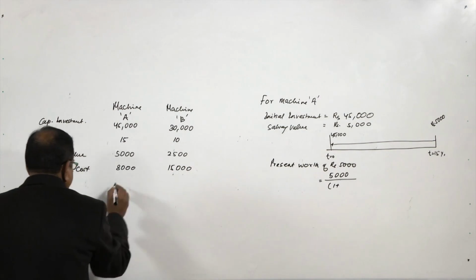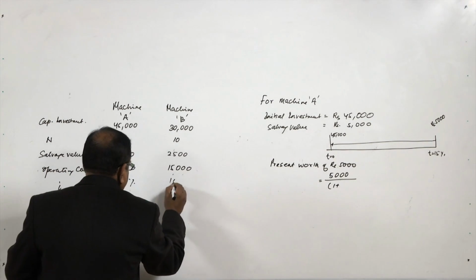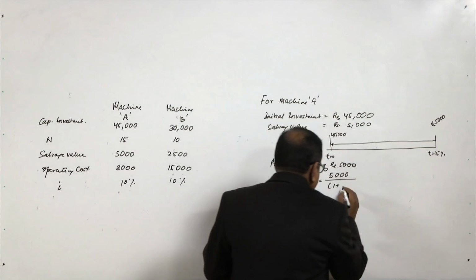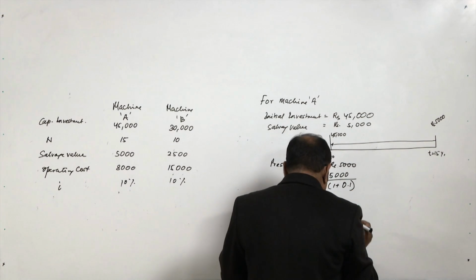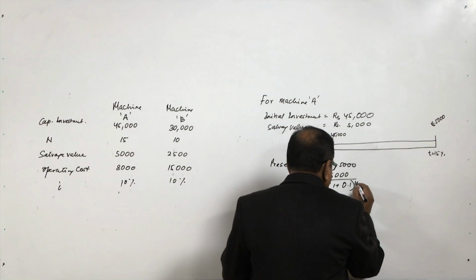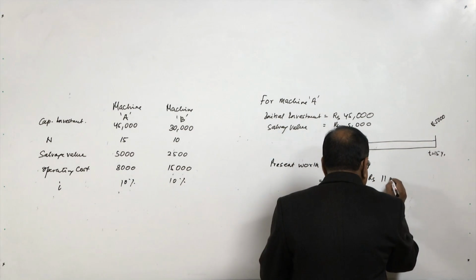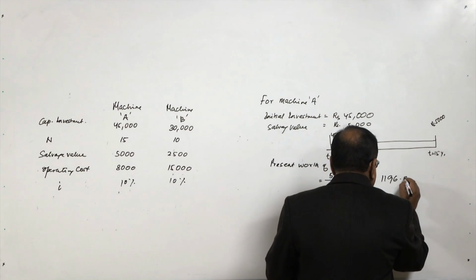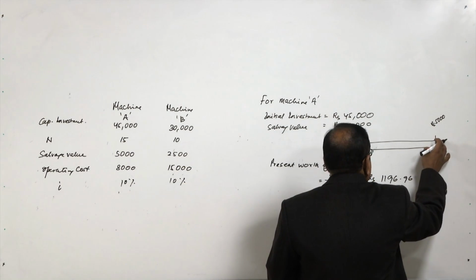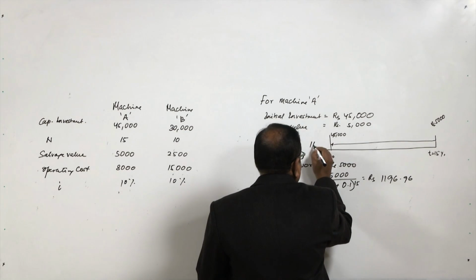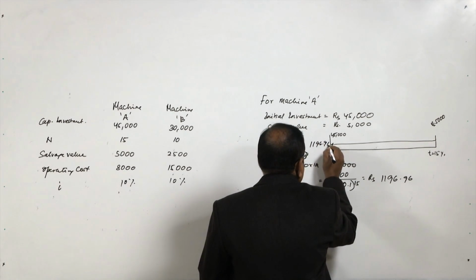I am sorry, I had left it out, this is 10%, equal to 0.1, to the power 15, and this converts into rupees 1196.96. That means, when I take this 5,000 to t equal to 0, to present value, it becomes 1196.96.